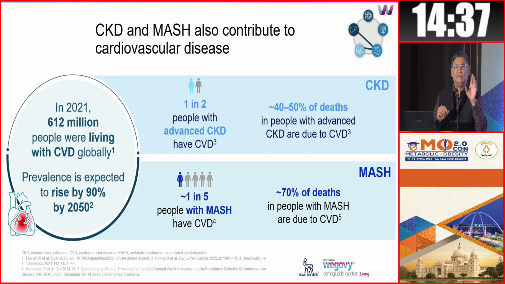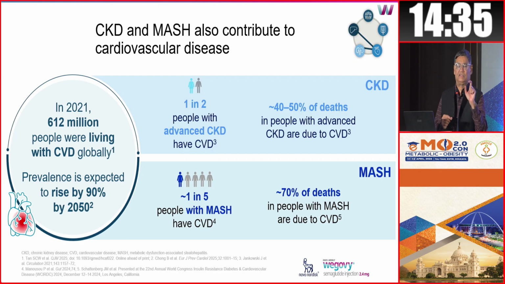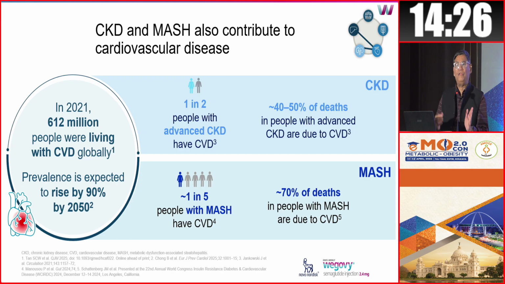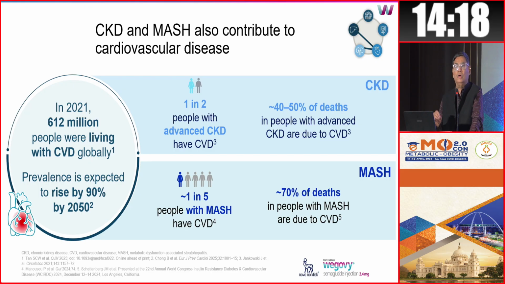Because MASLD is the seat of insulin resistance and inflammation. So this insulin resistance and inflammation in MASLD is a predictor of cardiovascular or hepatic worse outcome. Therefore, MASLD itself is also a huge problem in terms of cardiovascular health, and that's what it is saying.